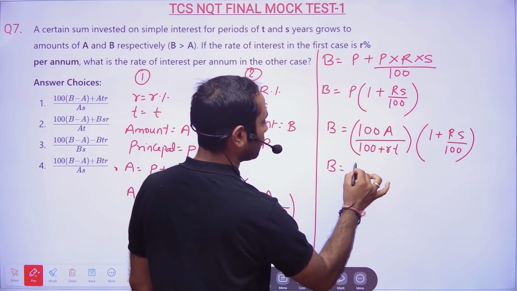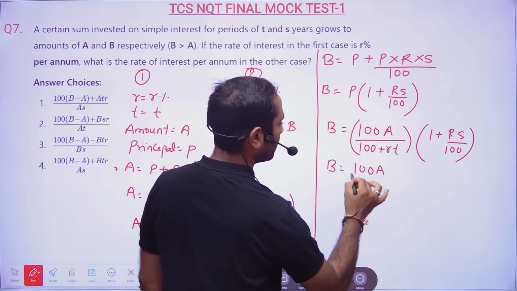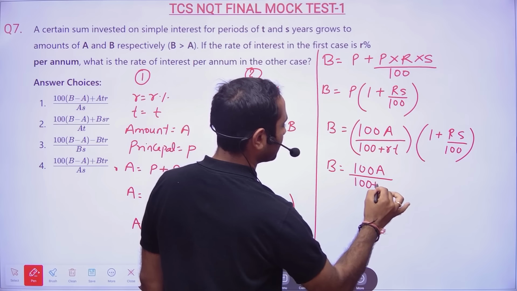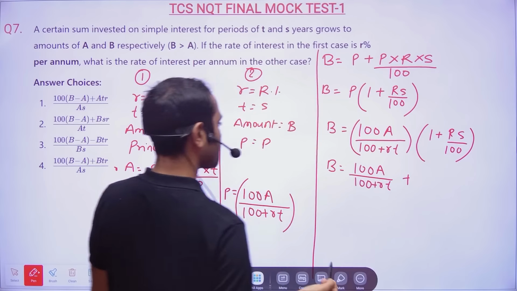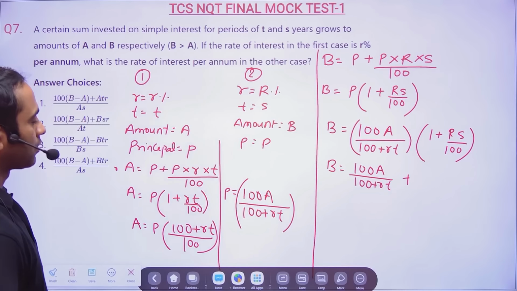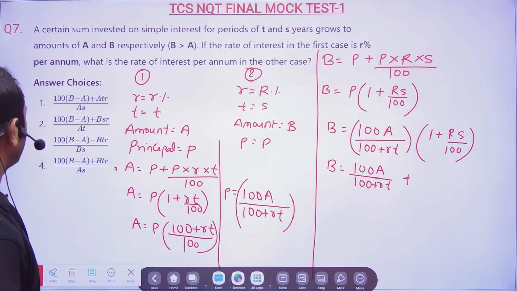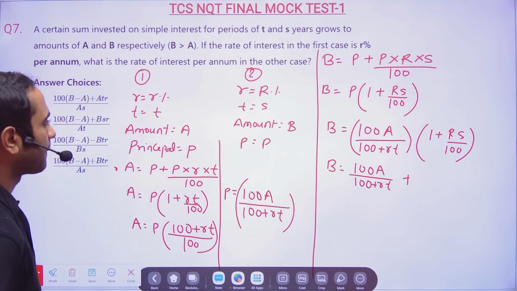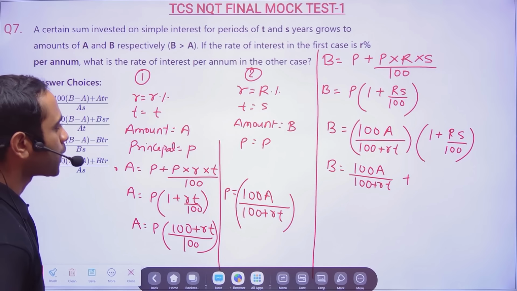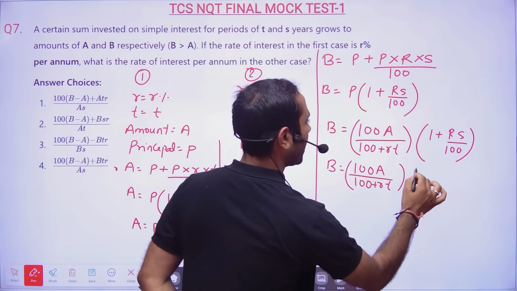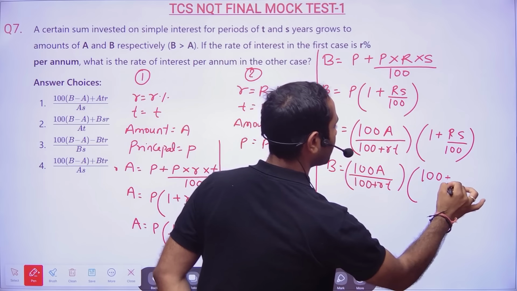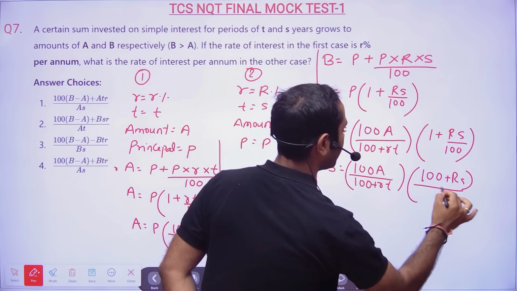B will be equal to 100A divided by 100 plus RT, and this one, 100 plus RS divided by 100.